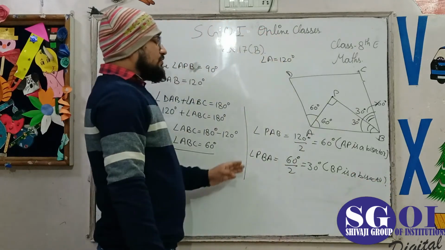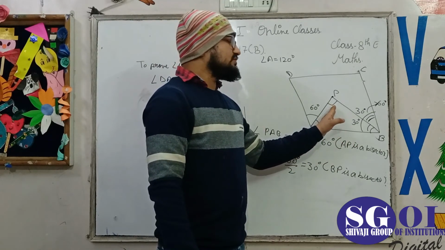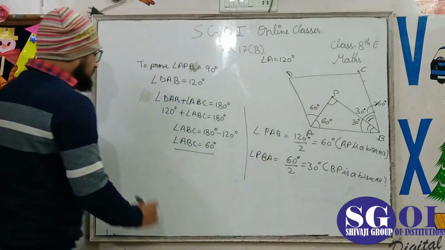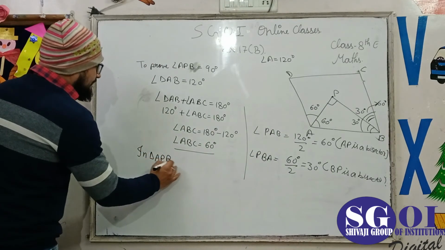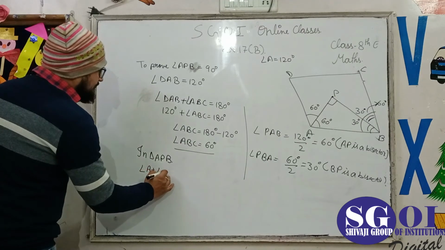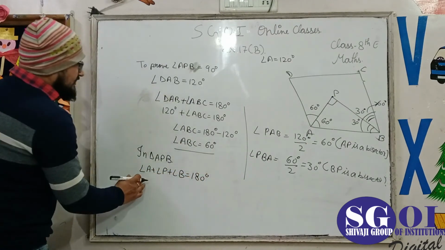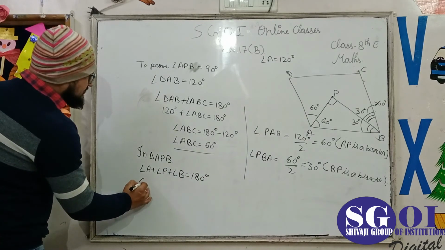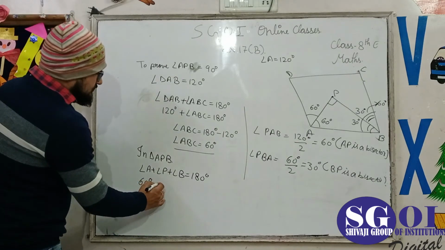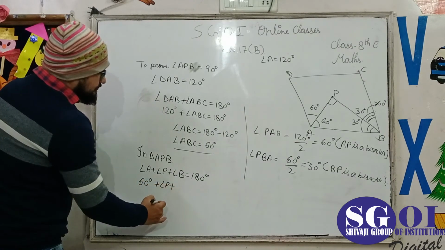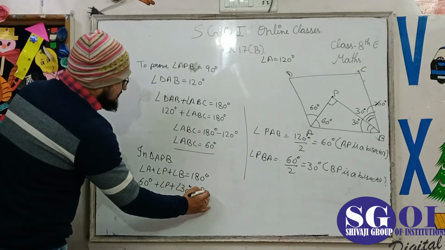Now look into the triangle APB. You have got two angles, so it's very easy to find out the third angle. You will be writing in triangle APB, angle A plus angle P plus angle B is equal to 180 degrees, and we know that angle A has come out to be 60 degrees. Angle P we have to prove is 90 degrees, and angle B is equal to 30 degrees, and the sum is equal to 180 degrees.